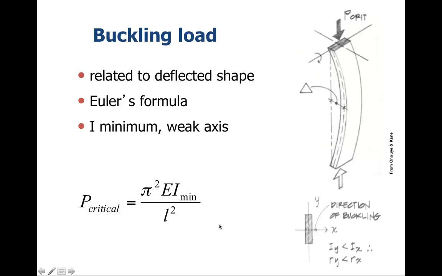So here is our formula for Euler's equation. P critical is equal to pi squared multiplied times E, the modulus of elasticity, times I, the minimum, all divided by L, the length of the column, squared.